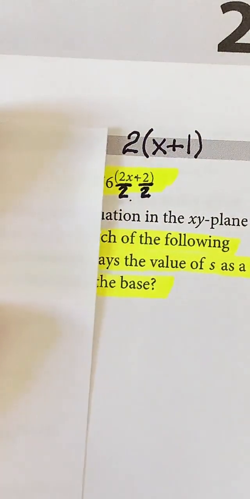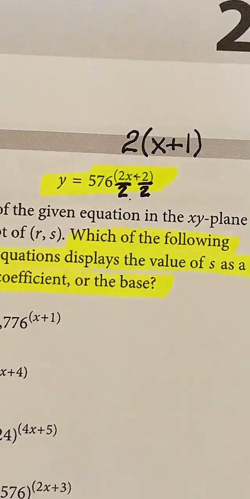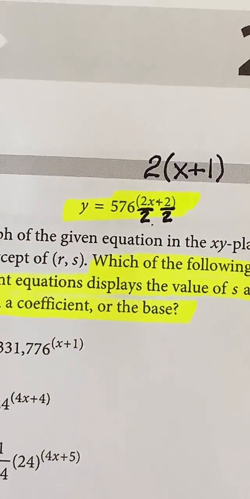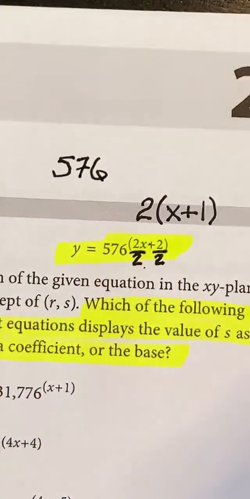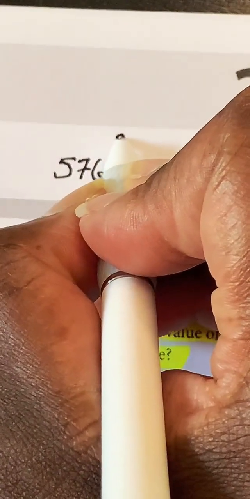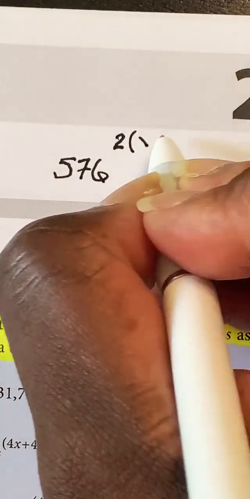Now, going back to this lovely equation, I can write it out like this. We have our 576 raised to the 2 and our x plus 1.